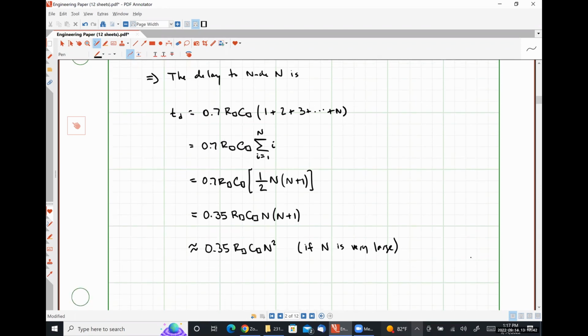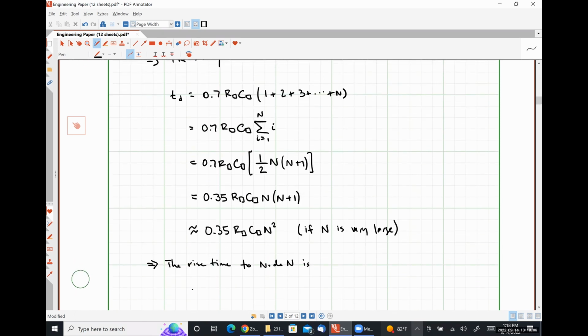Following a very similar derivation, the rise time for the distributed network is TR is equal to 1.1 R square C square N times N plus 1.